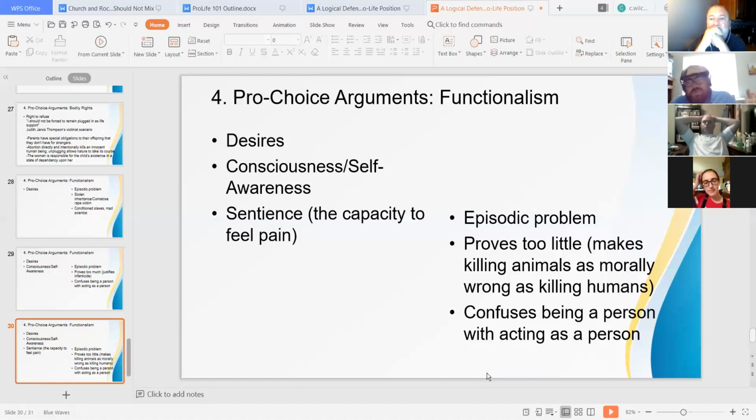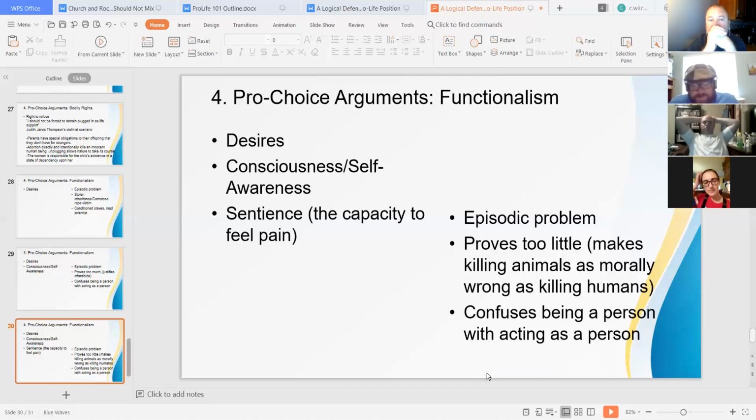The only real way to make sense of that is if you believe in the pre-existence of the soul or something, which is not something I believe. It's not an Orthodox Christian position, and certainly an atheist would not believe that because they don't believe in the soul. So there's really no sensical way to make sense of the idea that these properties are what make you a person.